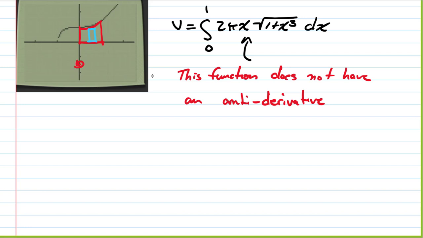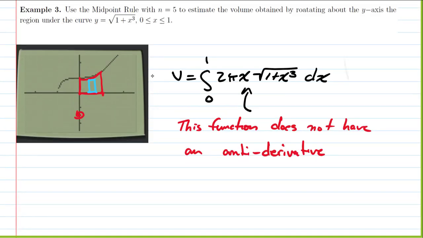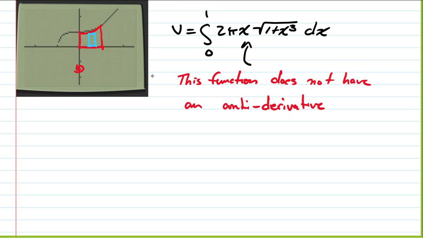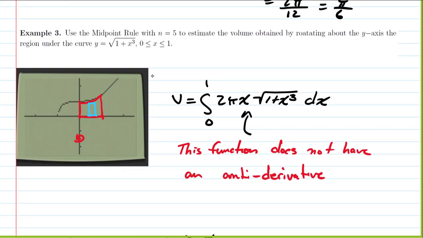So let's go ahead and do this using the midpoint rule. So remember, the idea of the midpoint rule is, let's look at our domain of integration. So here's our x, and we're integrating from 0 to 1, and the idea is we need to find the width of each of these.